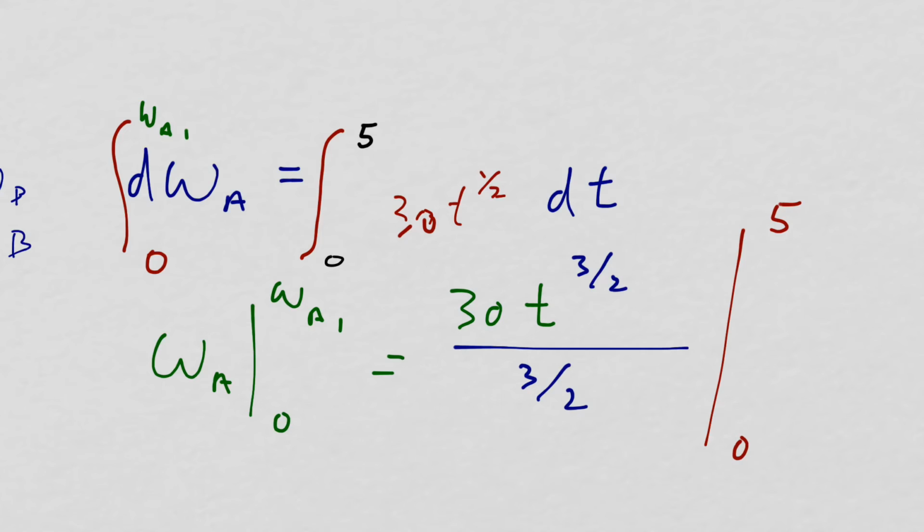So I will just erase everything, because 30 divided by 3/2, we will get 20. So you can use a calculator to do that basic mathematics calculation.